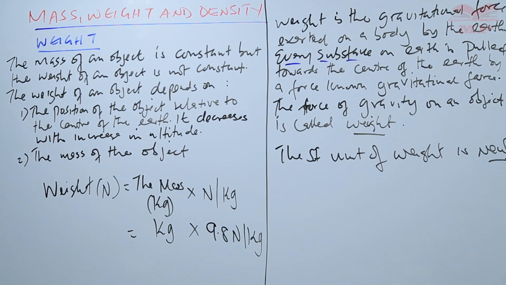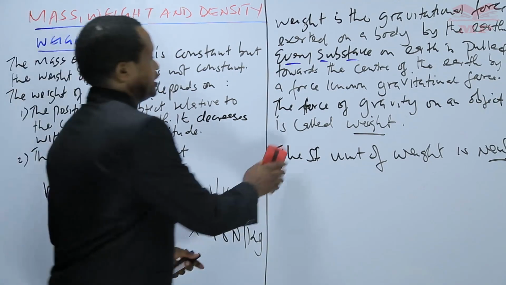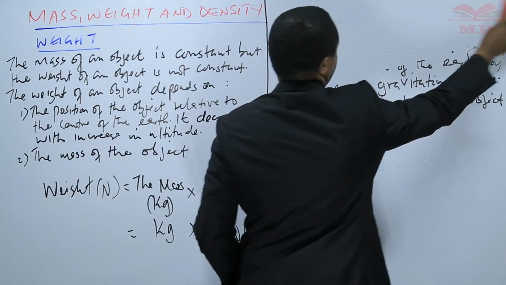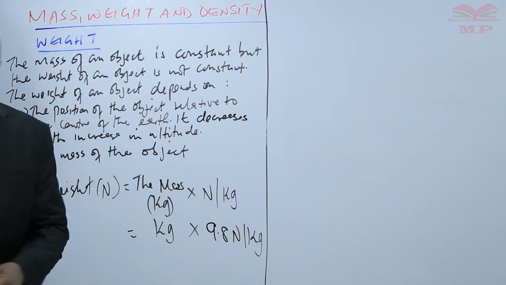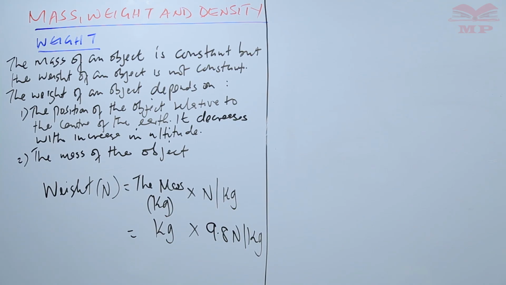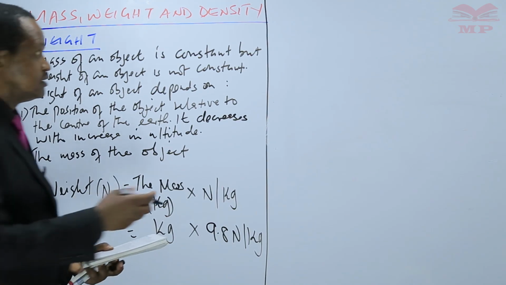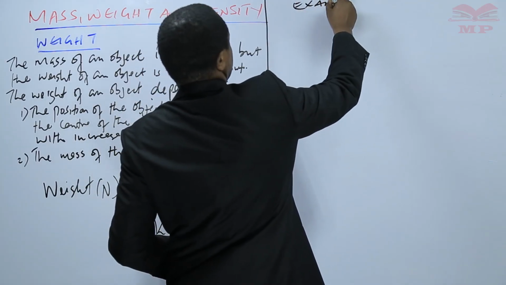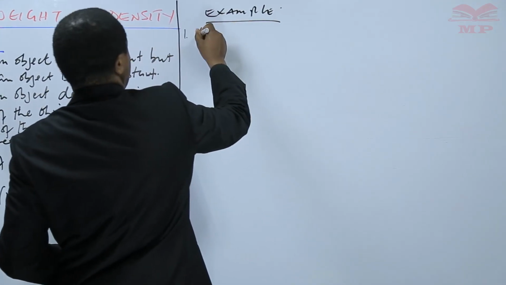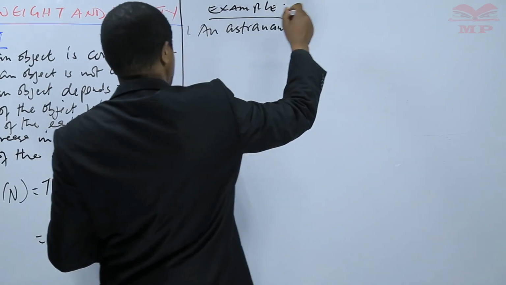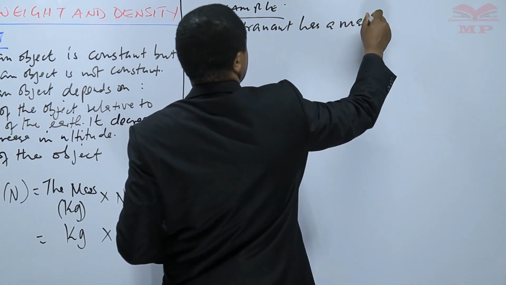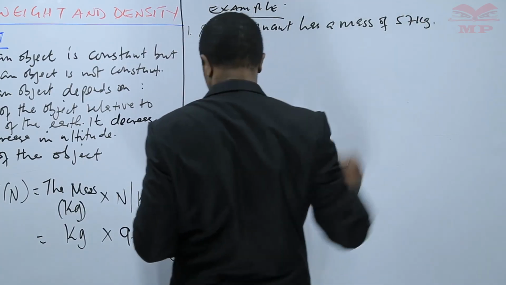Example 1. An astronaut has a mass of 57 kilograms.